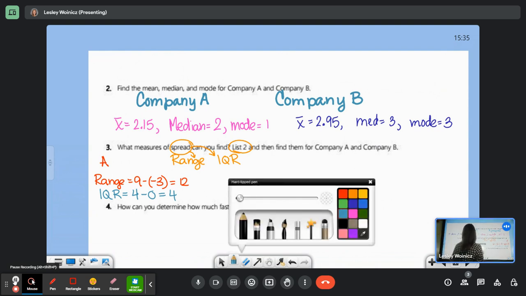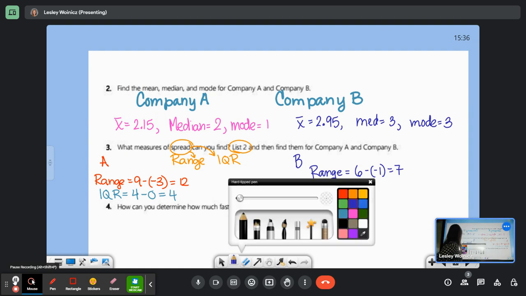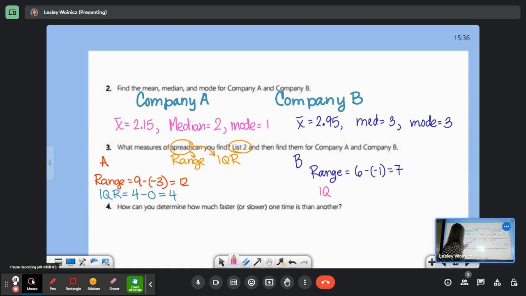Okay, for company B, the range is okay, 6 minus a -1, which is 7. Good. And the IQR is 4 minus 2. So 2.